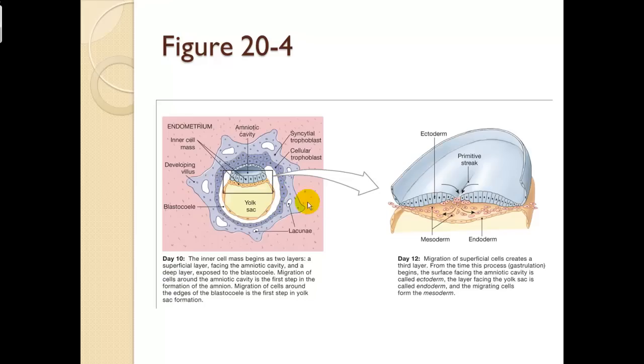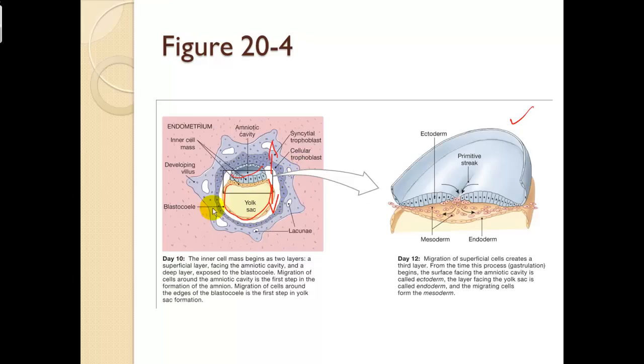Alright, so this is a cross section here. We'll come to this here in a second. So this is the same blastocele that came down and adhered to the endometrial lining. Those inner mass cells. This right here develops into a yolk sac. So this is where I was talking about that we have development running in two different directions.